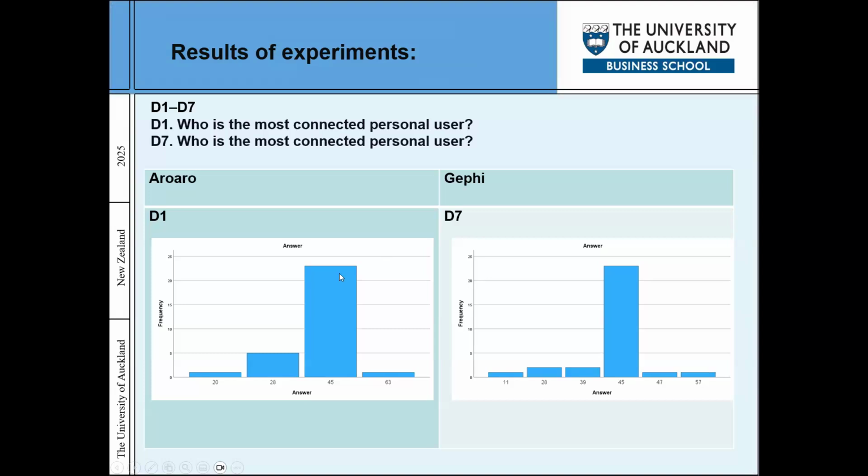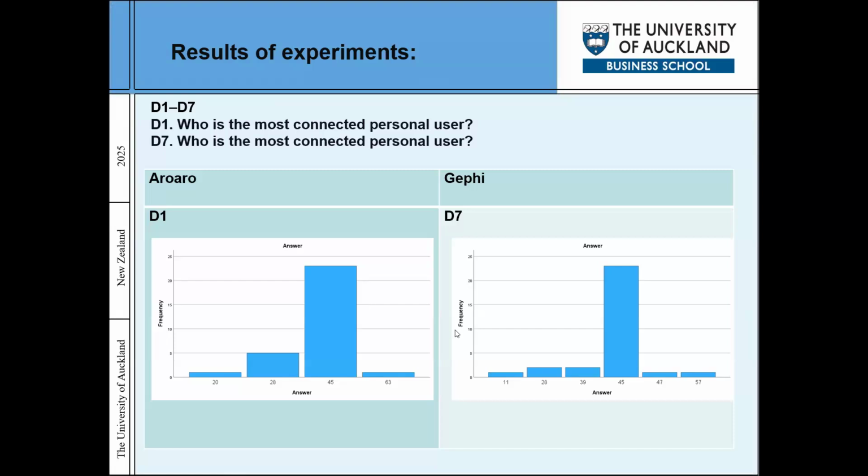What we are seeing is around 23 participants gave the answer as node number 45, considering 45 has the highest degree amongst the other personal nodes. And in GEFI also, the same number of participants chose 45 as the answer. Now, we have to find out which platform is better in terms of giving quality decisions.